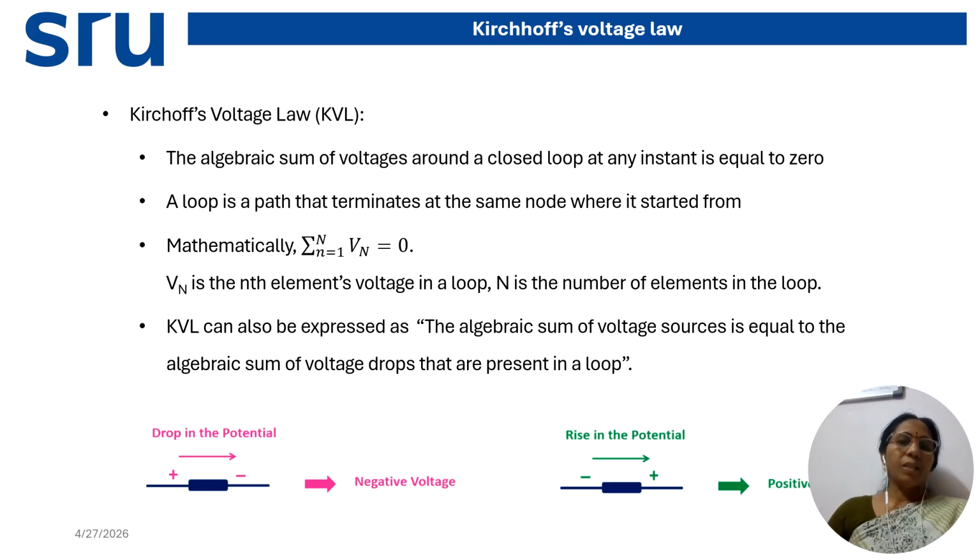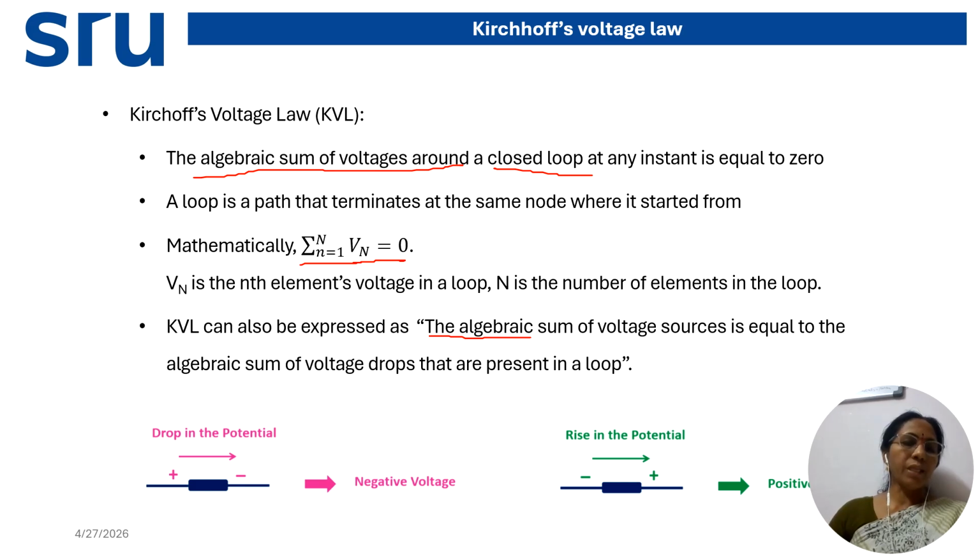Here again I am telling the statement: the algebraic sum of voltages around a closed loop at any instant equals 0, and this is the equation, the algebraic sum of voltages in a closed circuit equals 0. But what is meant by algebraic sum? It depends on the polarities of the voltage and the drop of the voltage across each and every element.